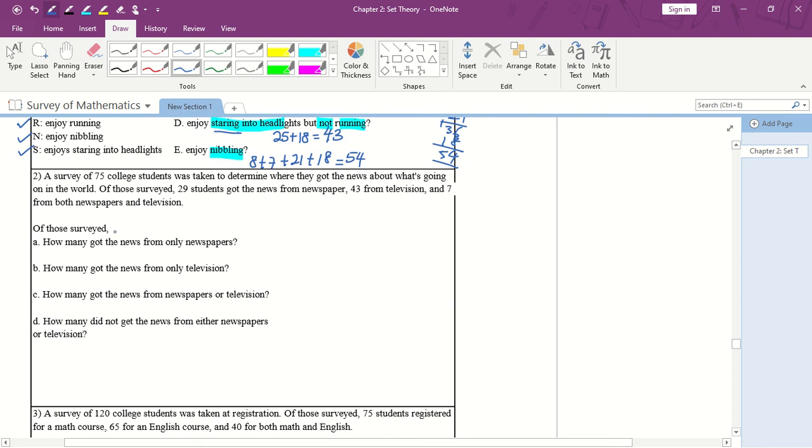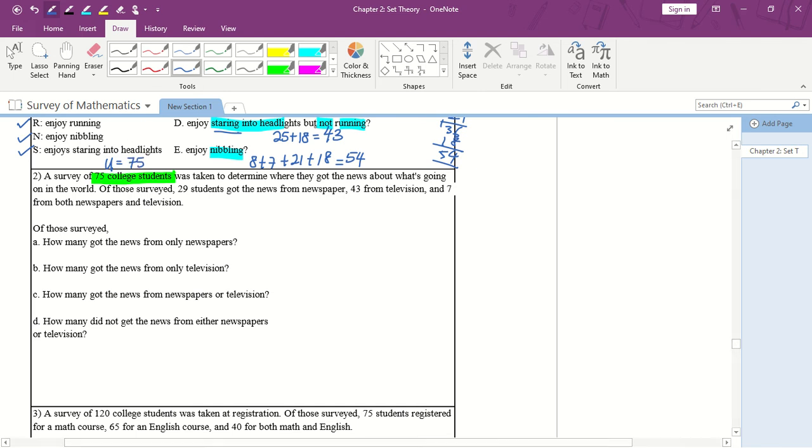A survey of 75 college students was taken to determine whether they got the news about what's going on in the world. So let's highlight the keyword: survey of 75 college students, which means that the universal set they have is 75.